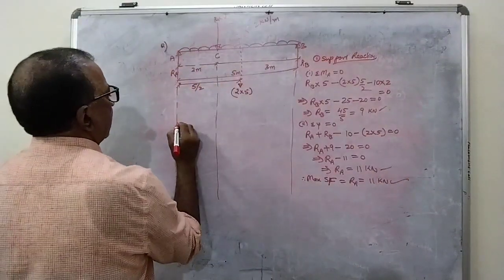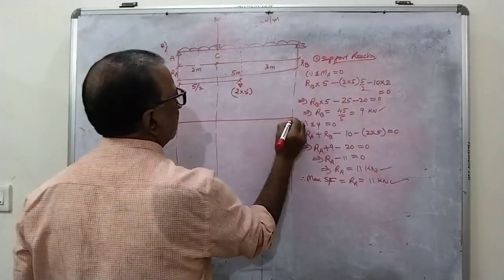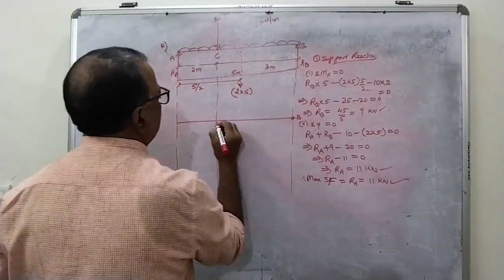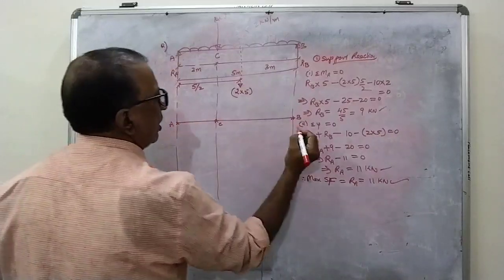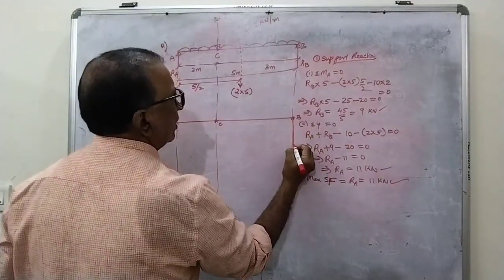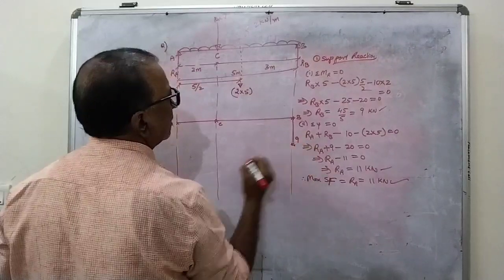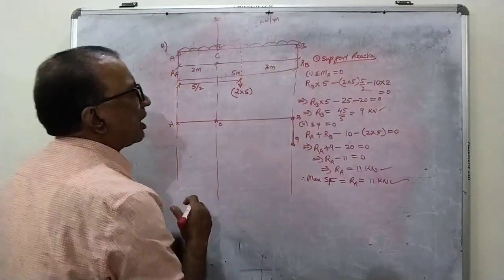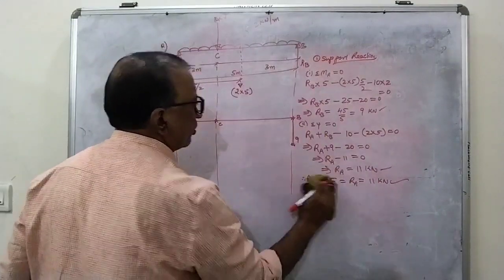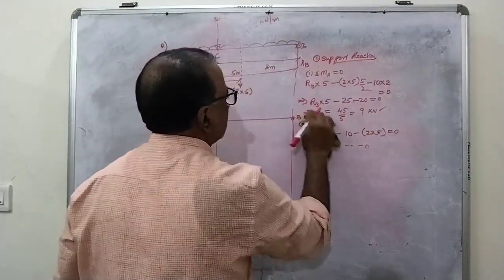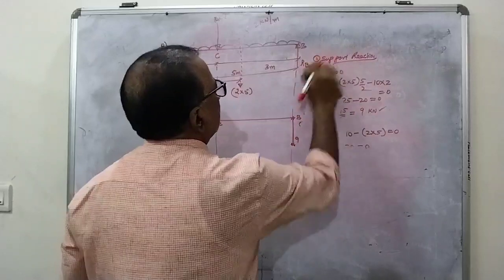So if I draw the diagram, this is B, this is C and this is A. So at B I got it as 9. Okay, I just have to calculate now. This is support reactions. Afterwards let us see what to be done.